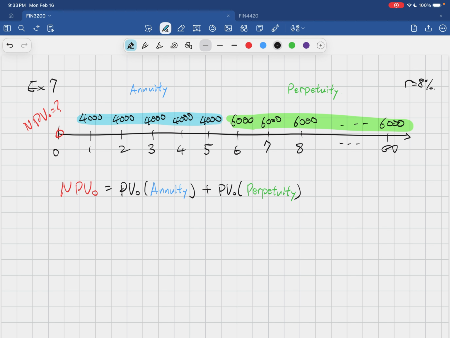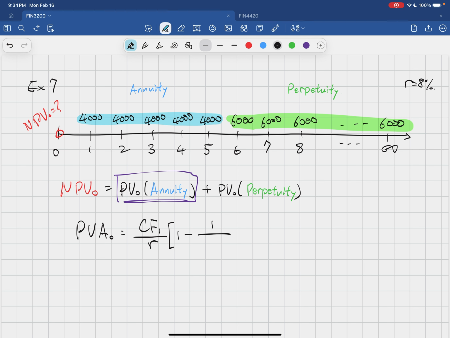Let's first do the annuity part because that's easier. For the present value of the annuity, we'll use the PVA formula. PVA as of time 0 is the cash flow that occurs in year 1 over R, times 1 minus 1 over 1 plus R to the nth power.